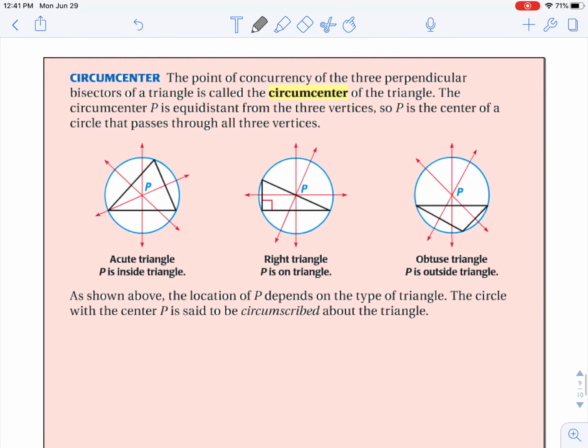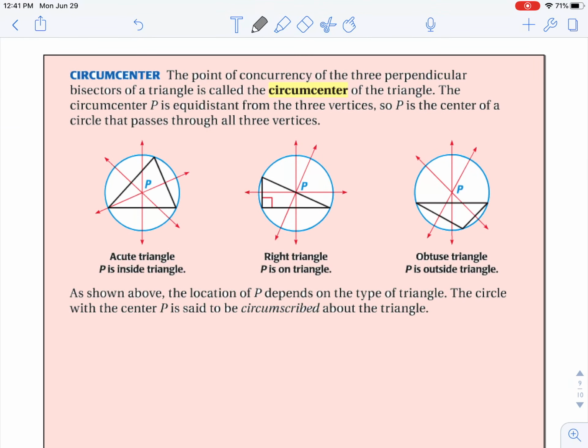All right, we have one more thing to talk about. When we talk about that circumcenter, remember the point of concurrency of the three perpendicular bisectors of a triangle is called the circumcenter. And that circumcenter is equidistant from the three vertices. We already talked about that. So that can actually occur inside the triangle, and most commonly it could be inside the triangle.